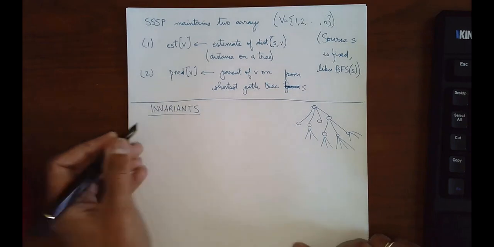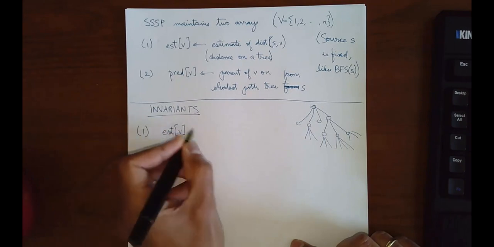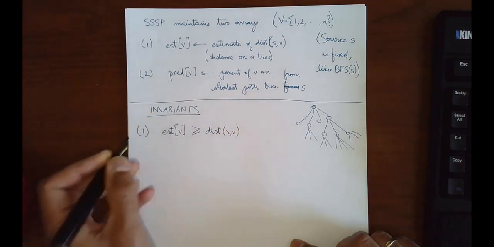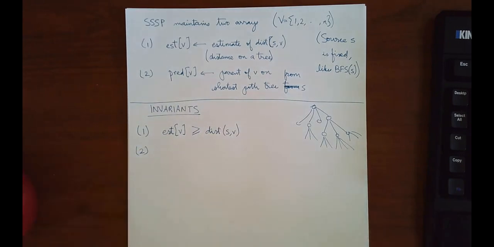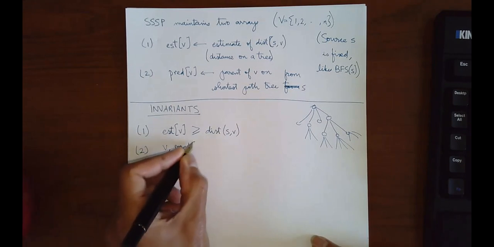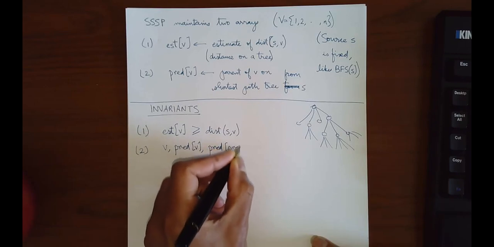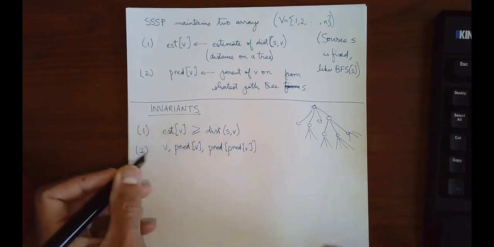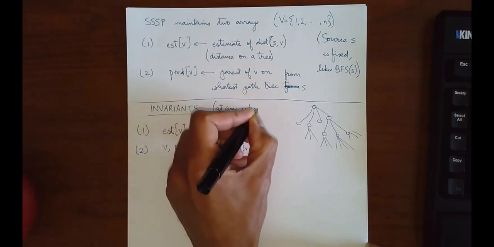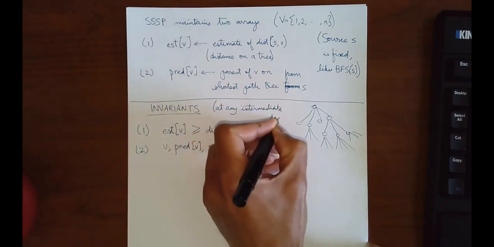So what are the invariants? The first invariant is that the estimate of V will always be at least the true distance. And the second is that if you look at V, the predecessor of V, the predecessor of the predecessor of V, this is not the output. This is actually at any intermediate stage.